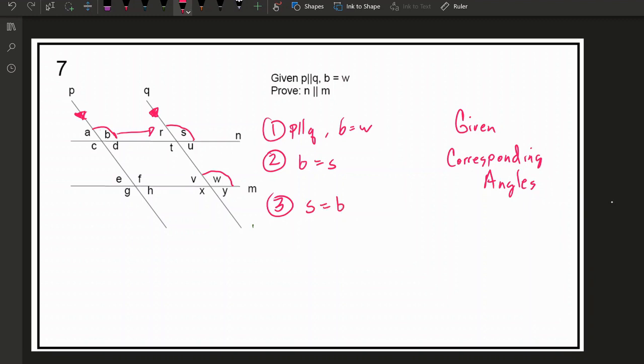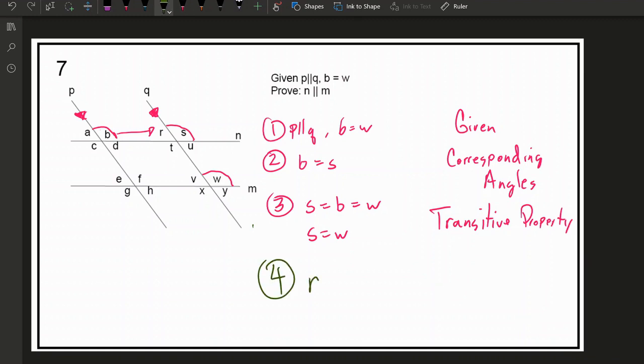S is equal to B is equal to W, so therefore S must be equal to W. Again, that's called the transitive property. And now that I've shown that S is equal to W, I can now say N is parallel to M because the corresponding angles are congruent. So, corresponding angles converse.